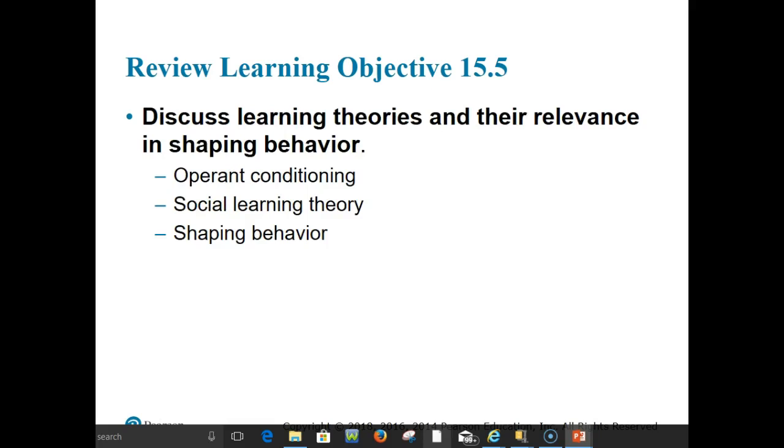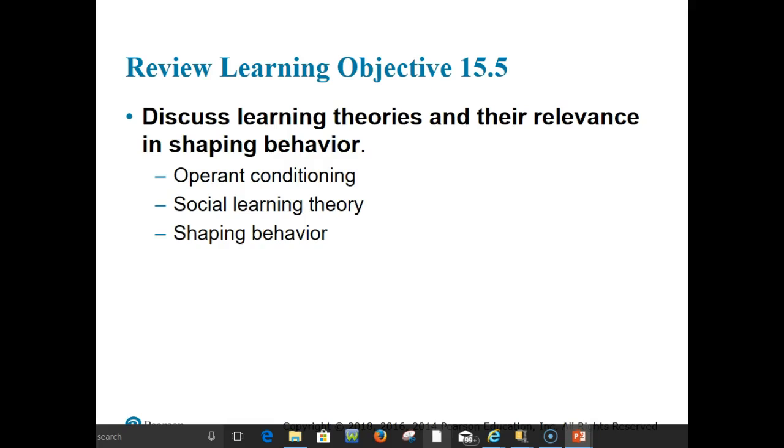So in review of our 5th and final learning objective, remember that operant conditioning argues that behavior is a function of its consequences. Managers can use it to explain, predict, and influence behavior. And remember that social learning theory says that individuals learn by observing what happens to other people and by directly experiencing something.